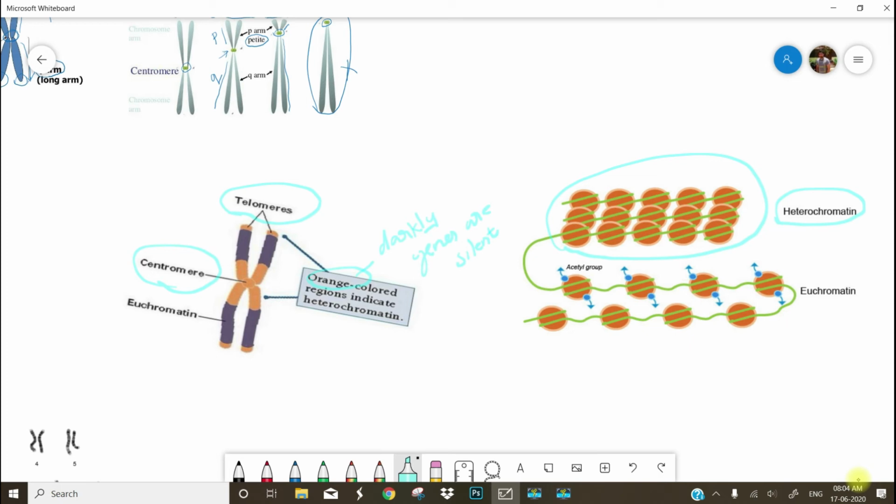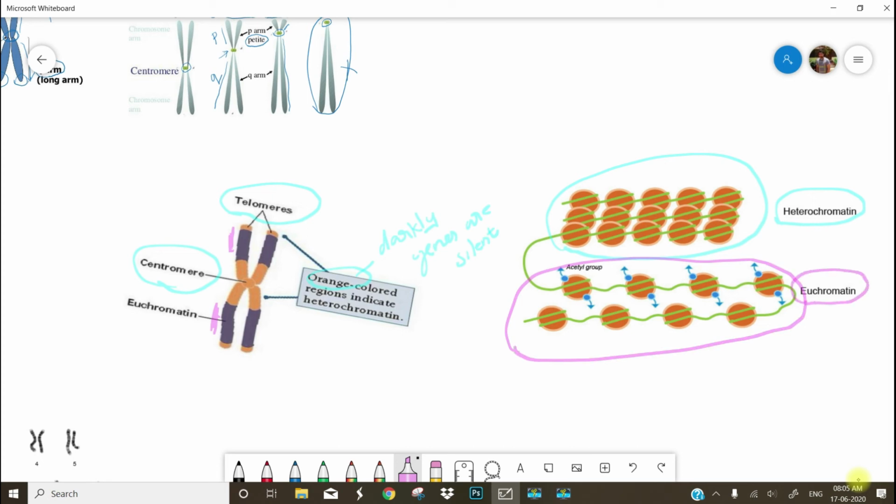Other regions in between, I will take another marker. Other regions in between, this region is a lightly stained region, is less condensed and has transcriptionally active genes due to loose packing. This is a loose packing condition, and we can call that region euchromatin.